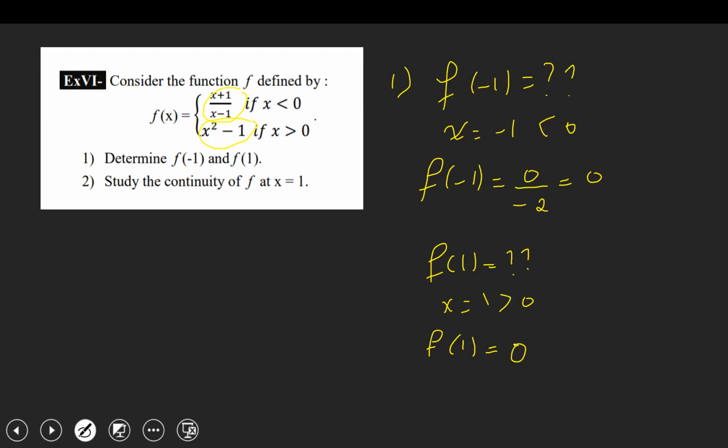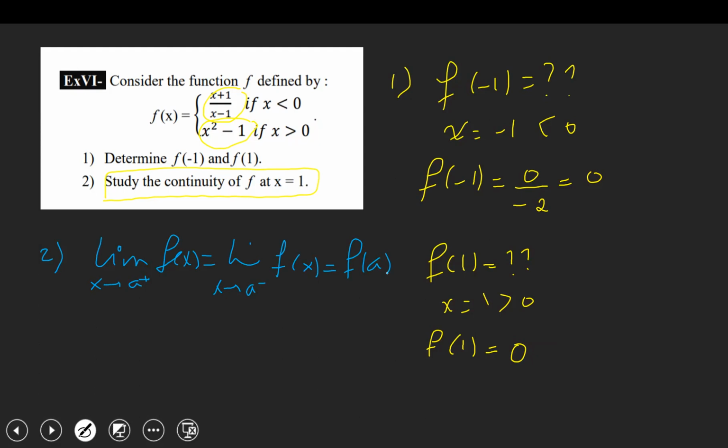Now, we are asked to study the continuity of f at x equal to 1. How to show that the function is continuous at a certain value a? We have to calculate the limit as x tends to a plus, and the limit of f as x tends to a minus, which must be equal to f of a. Okay.